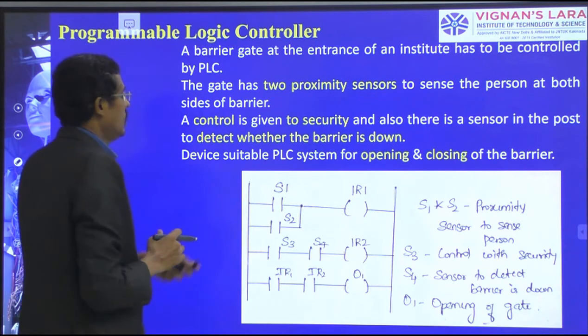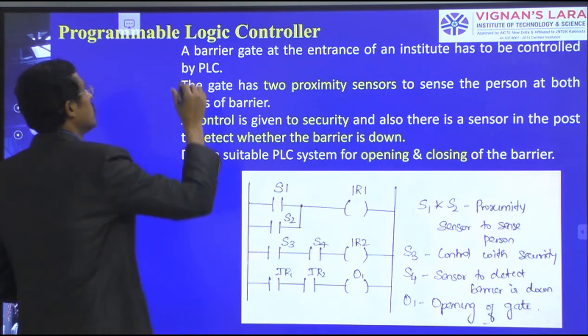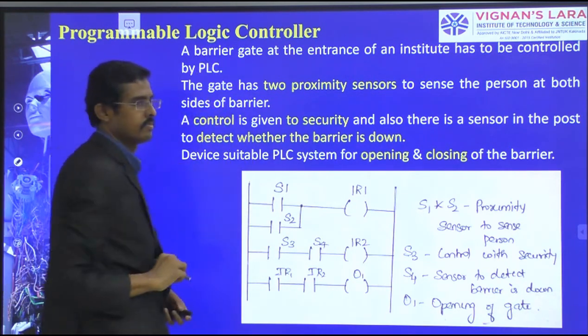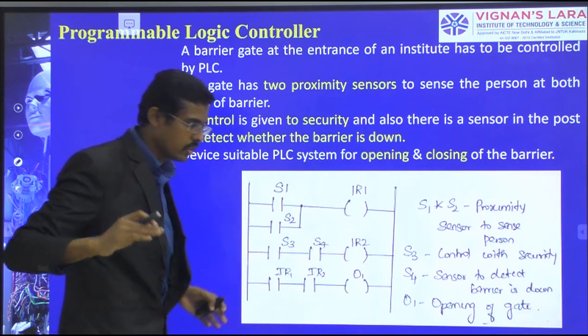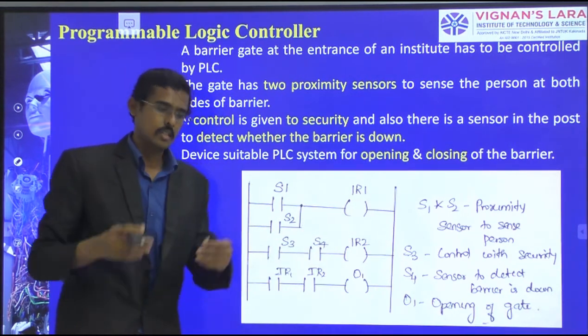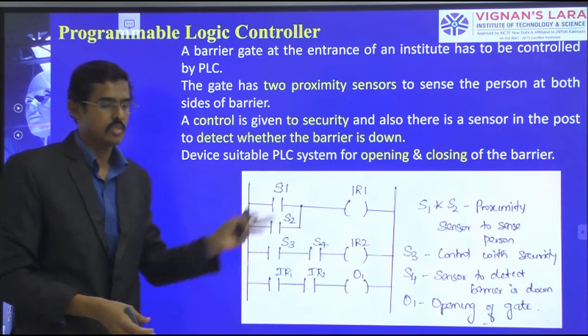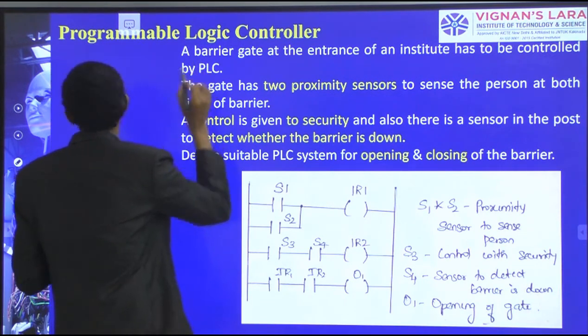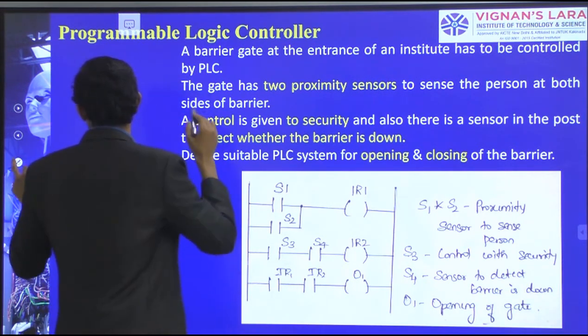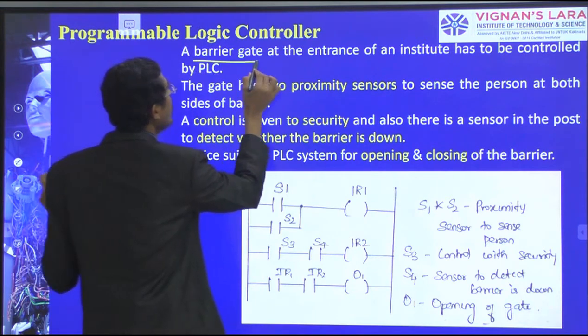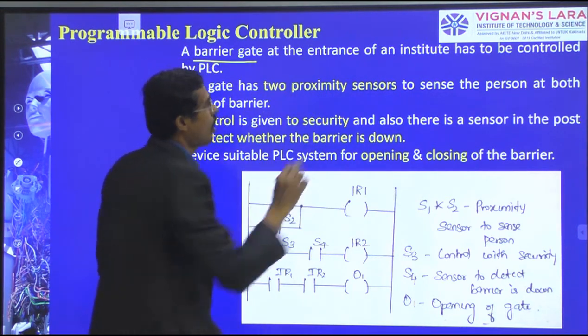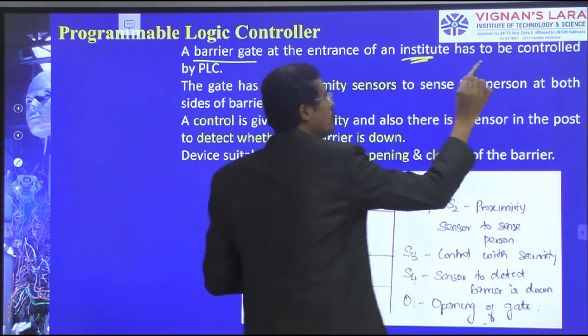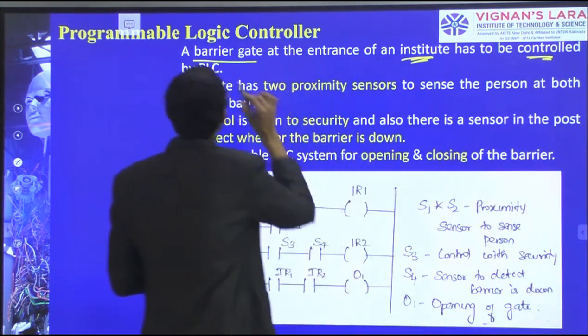Now, somehow we are getting complexities. A barrier gate at the entrance of the parking areas should open and close. You will see. A barrier gate at the entrance of an institute has to be controlled by the PLC.